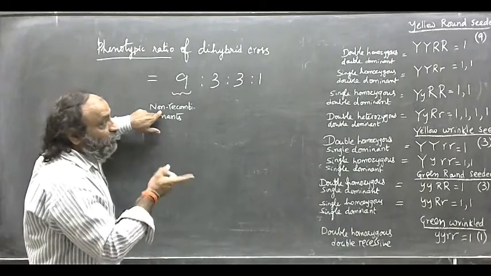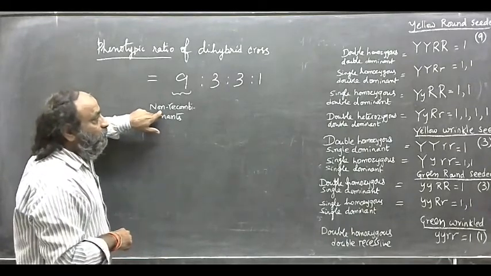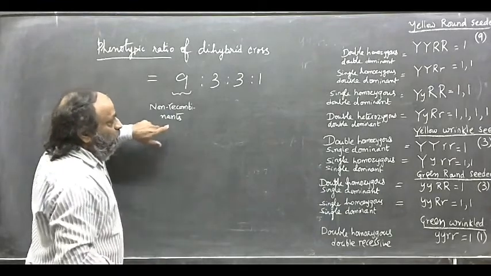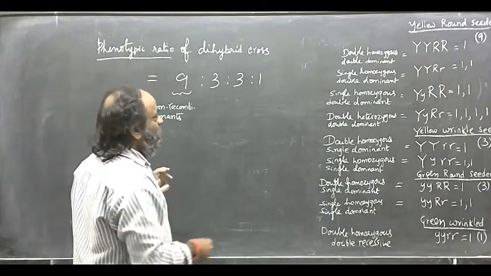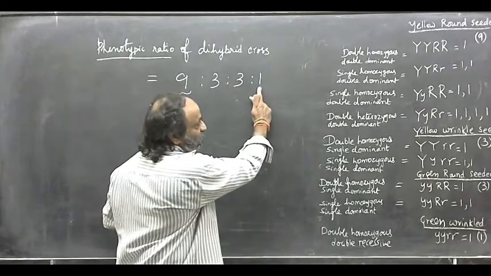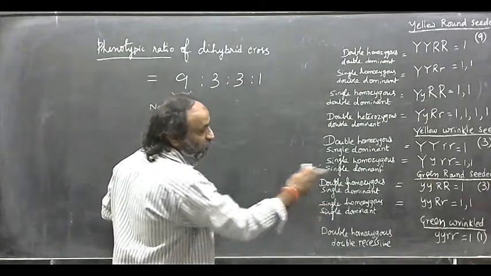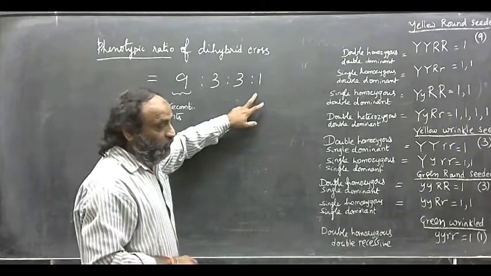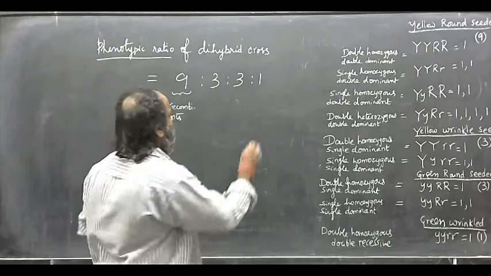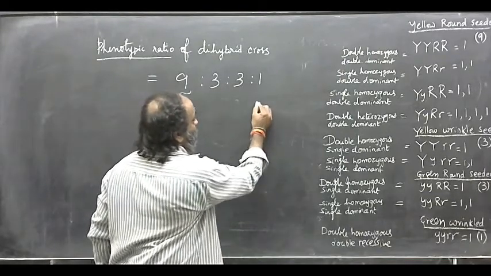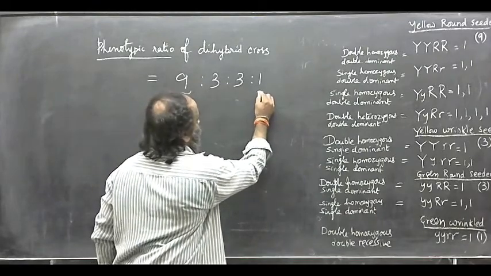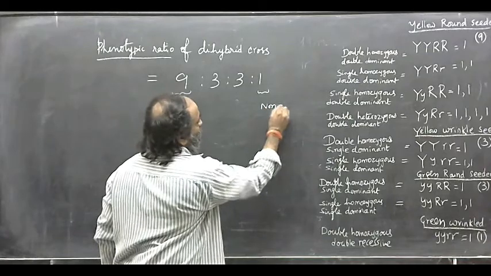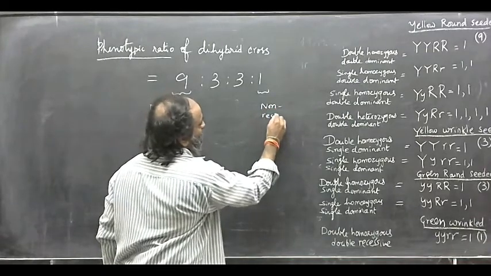So these are non-recombinants. Now observe the last case. One is green wrinkled. We have selected one parental plant as green wrinkled. Therefore, this one plant is also a non-recombinant.